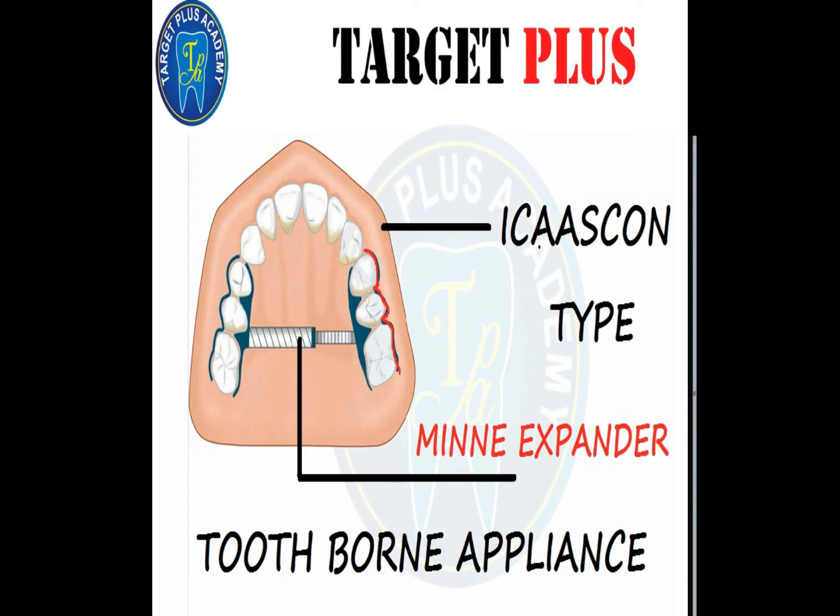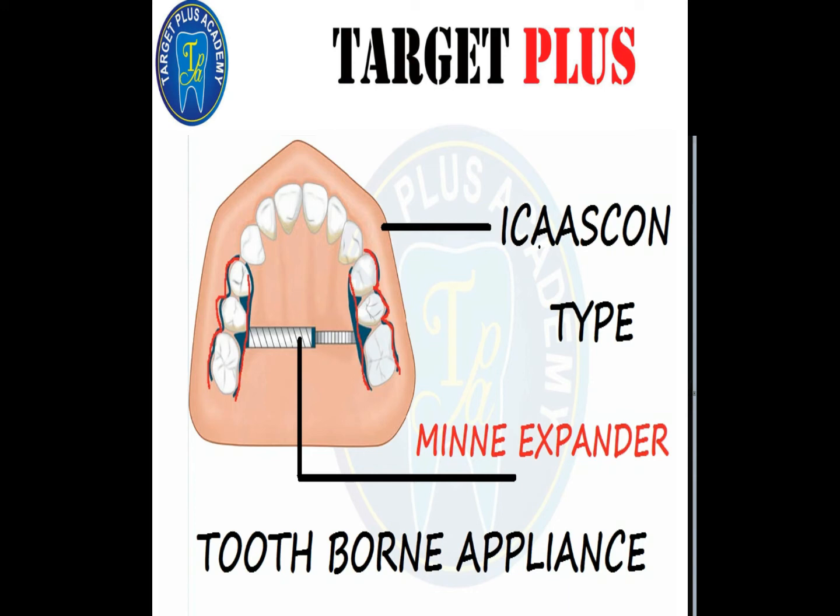Now the premolars and the first molar are banded. You can clearly see the first premolar and the molars are banded. The metal flanges are soldered onto the bands on the buccal and the lingual side.